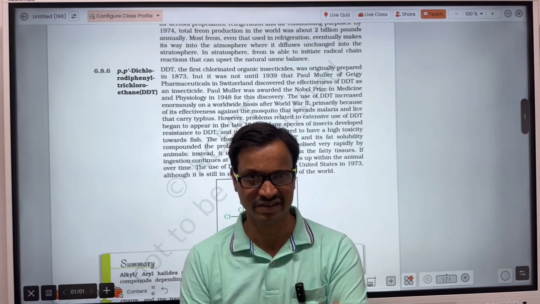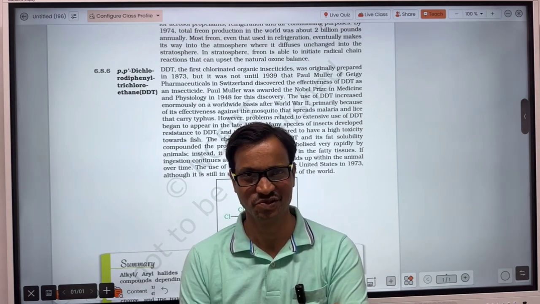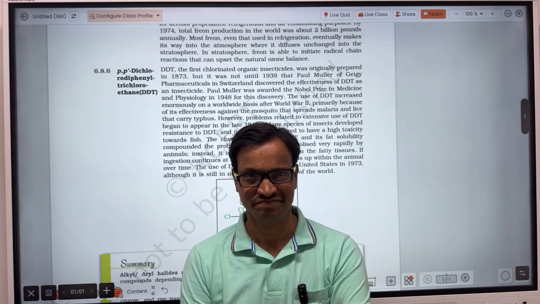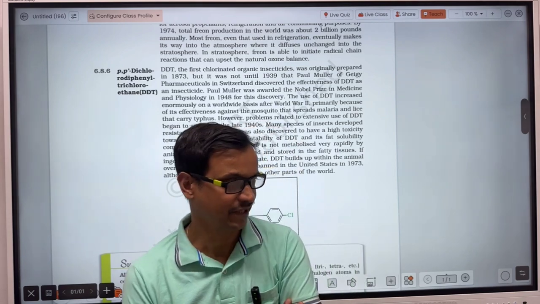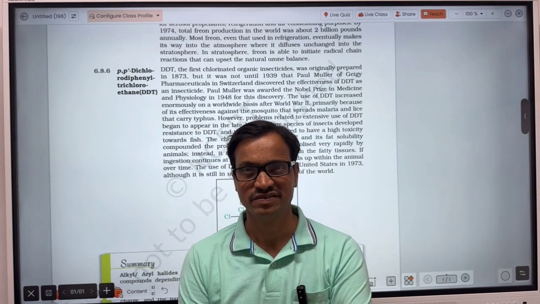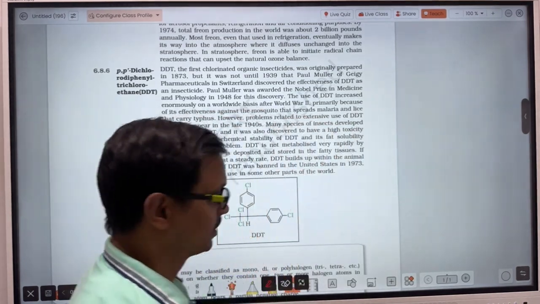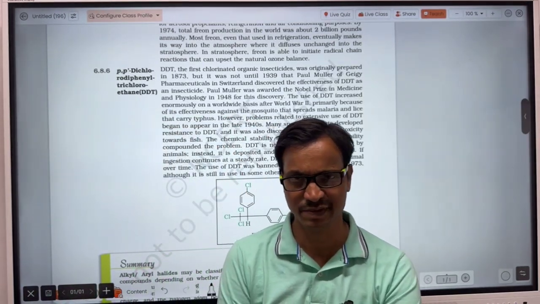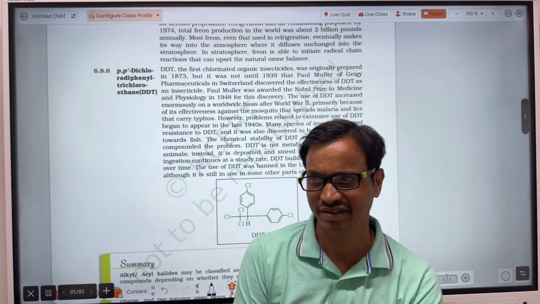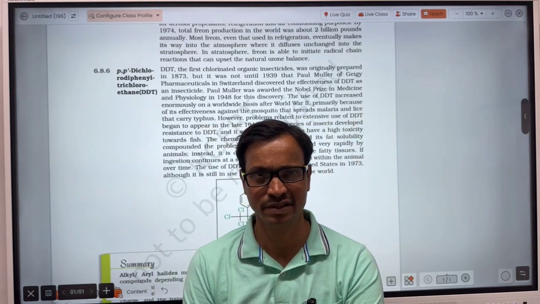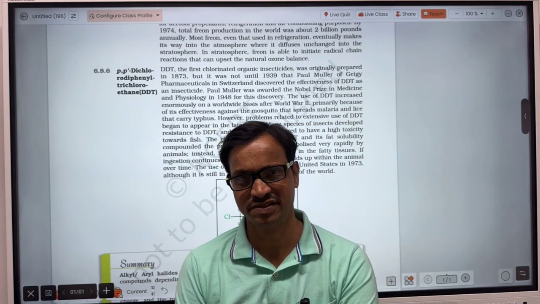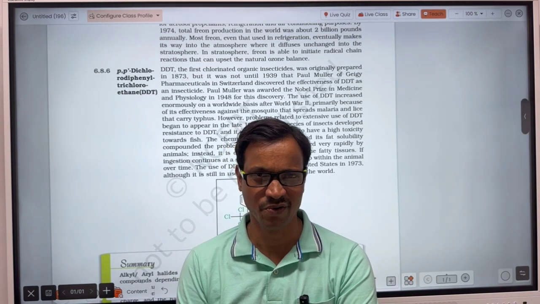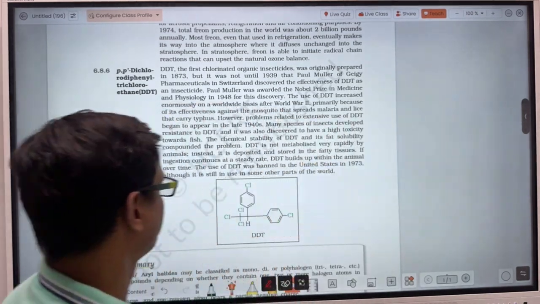That means it doesn't degrade in the environment, so it becomes a burden on the ecosystem. In the developed countries the use of DDT has been banned, but in a few countries, particularly developing countries in which the per capita income is not high, DDT is used nowadays also. You might have heard about that.